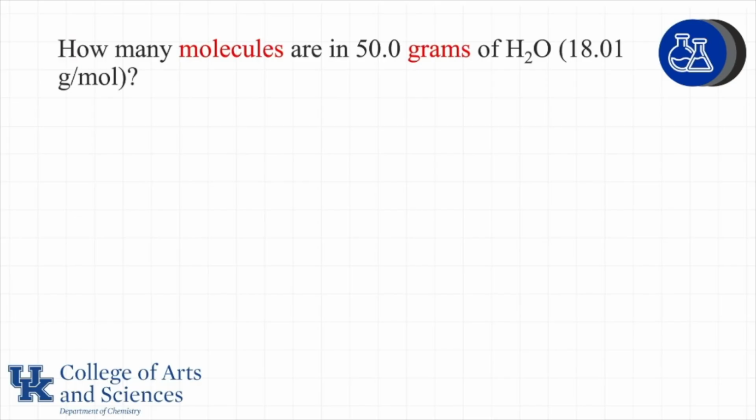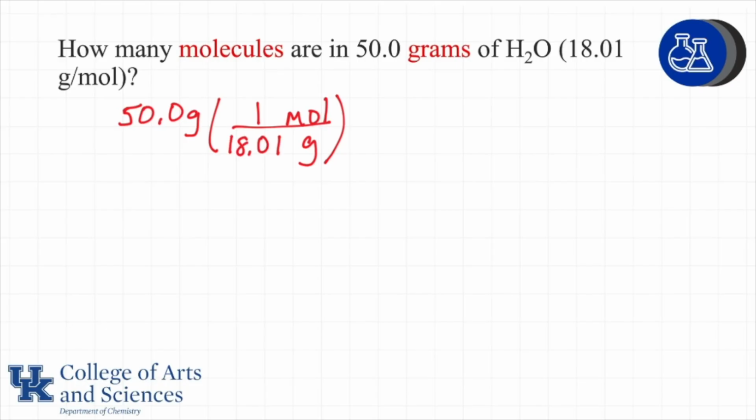We know 50 grams of H2O, and that's a simple unit, and we're trying to get to a simple unit, molecules. So we're going to start with the 50 grams. I know grams needs to go on the bottom of the next step, so I'm going to put in my molar mass because that's the only thing I know that relates grams to moles. Now, I can put in my value, 18.01 grams per mole, and cancel out grams. Now that mole is in the numerator, I need mole in the denominator of the next step.